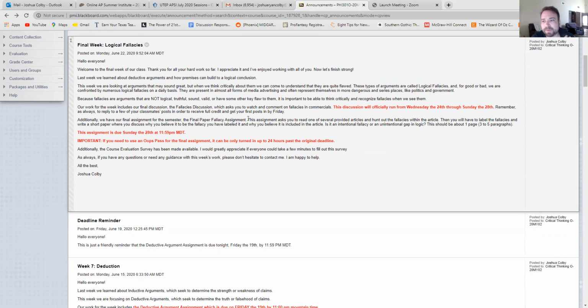The paper assignment is going to ask you to read over one of a few different articles and then analyze that article, do a rhetorical analysis where you look for fallacies and think about whether or not those fallacies were used intentionally or if they're just gaps in the logic, or what's going on exactly.